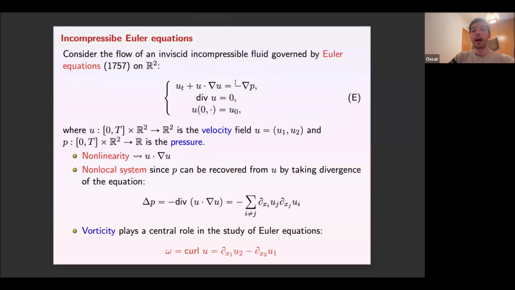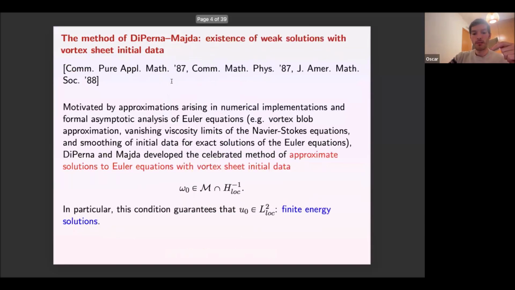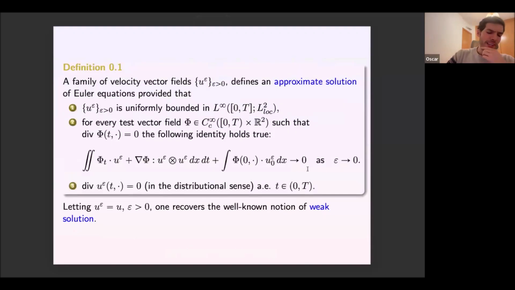Indeed, if we multiply on both sides of this equation by a test function, and then we integrate by parts, we will arrive at the variational formulation of the Euler equation. But instead of requiring that this quantity is equal to 0, DiPerna and Majda studied these approximations.